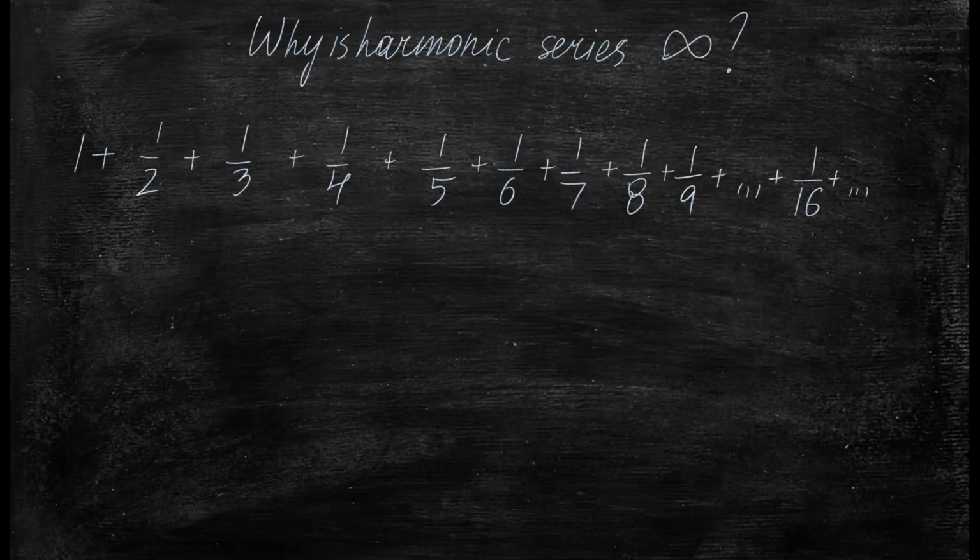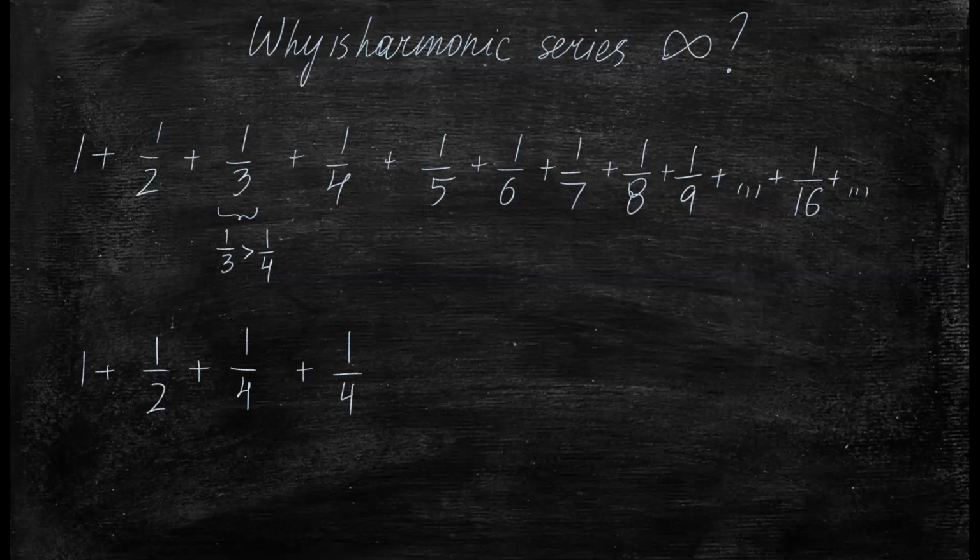And let's group this. Since 1/3 is greater than 1/4, what's going to happen if I replace 1/3 with 1/4? So what if I take this series and I start replacing certain terms with smaller terms?